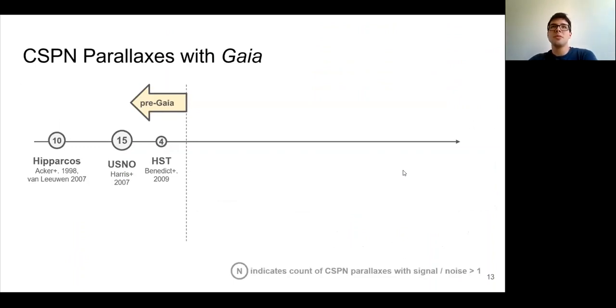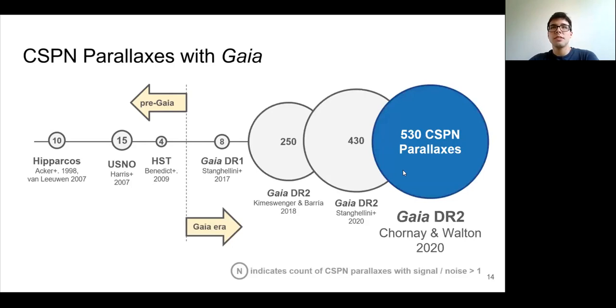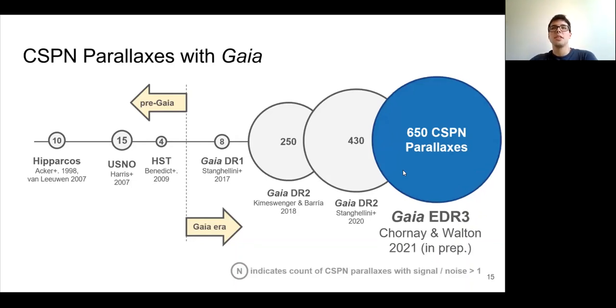The real reason we care about this is because we want the parallaxes and the other data for these objects. Before Gaia, there were maybe only 20-odd parallaxes available for PN central stars. Gaia has been a huge increase in this number, and it's gotten even bigger with the most recent data release. Here, the numbers I'm showing are for parallaxes with a signal to noise greater than 1.